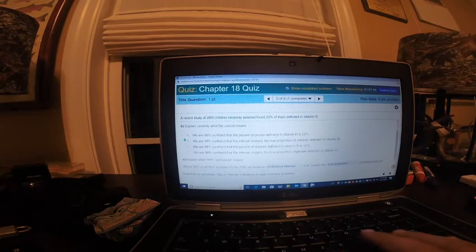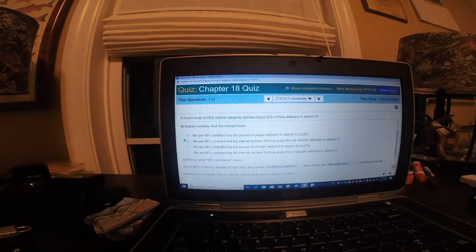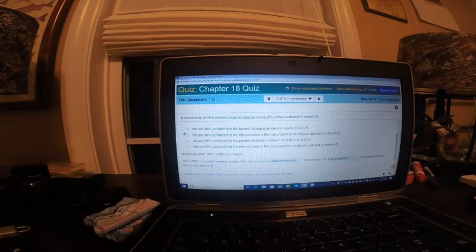The correct one is that we are 98% confident that the interval contains the true proportion of children deficient in vitamin D. C says, explain what 98% confidence means. It means that about 98% of random samples of size 2,800 will produce confidence intervals that contain the true proportion of children that are deficient in vitamin D. That's what you should have gotten for the second one.